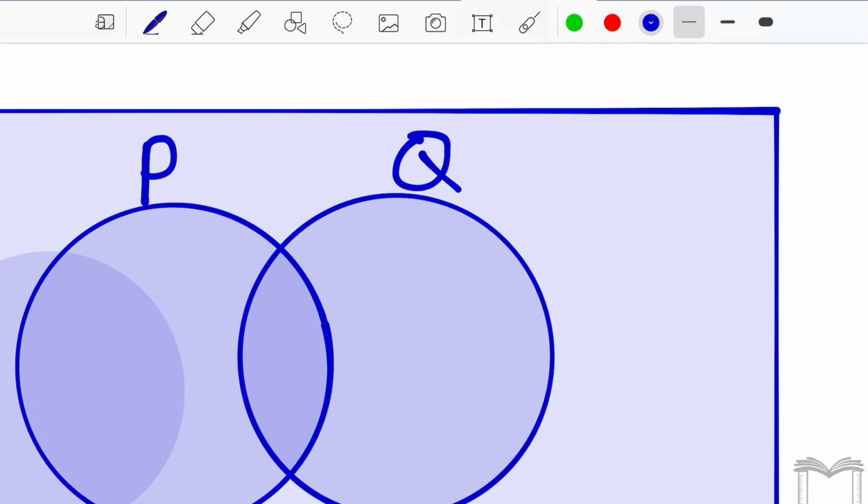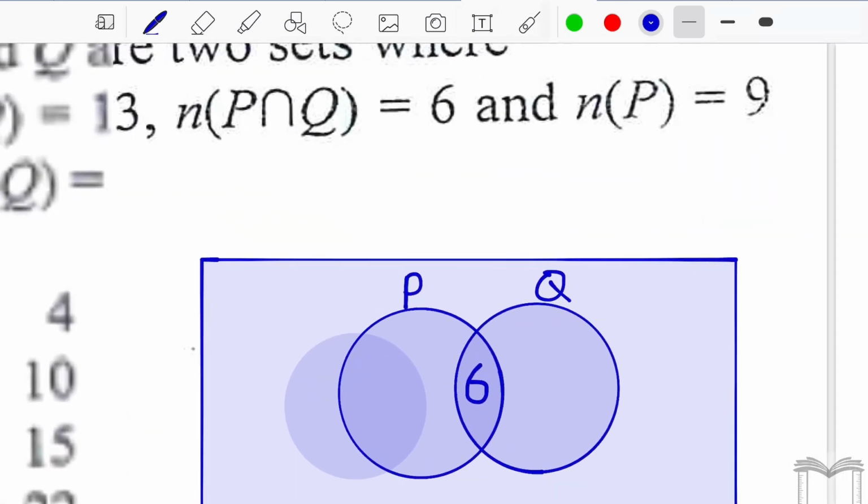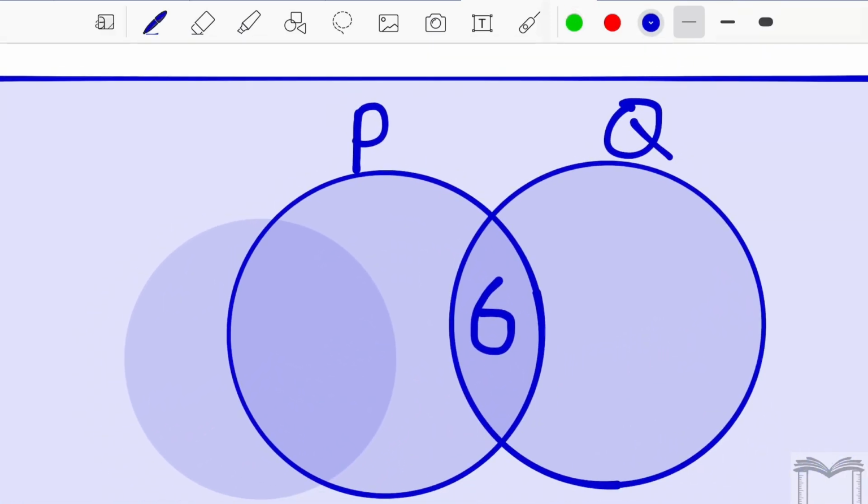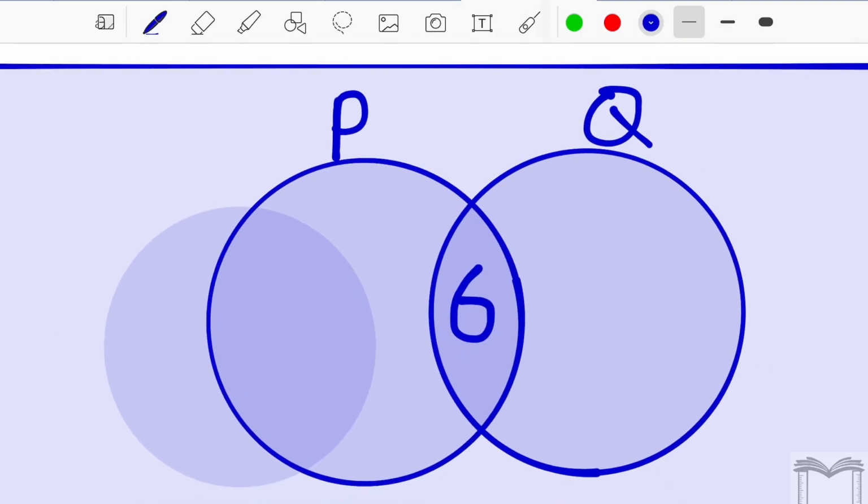So let's start with that. P intersect Q is 6, and the amount in P is 9. So it means that this entire circle would have 9 total. If there's 6 in the middle, we will have 3 on the outside here, because 3 plus 6 is 9.